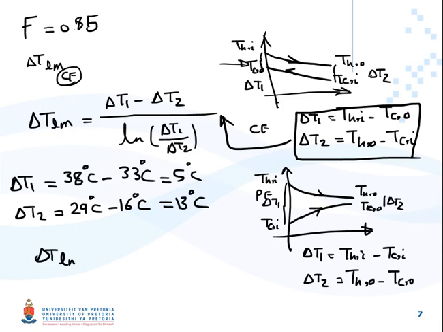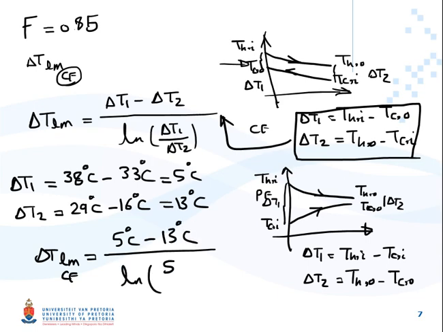The log mean temperature difference for counterflow will be equal to 5 minus 13, divided by ln of 5 over 13.